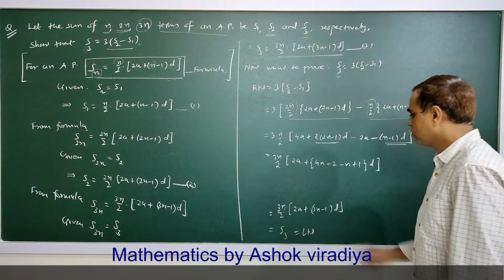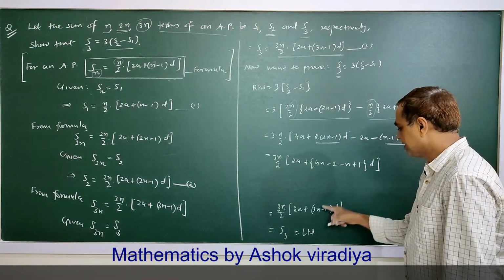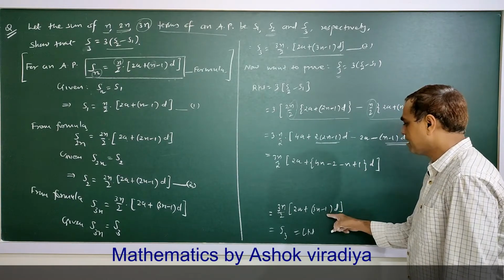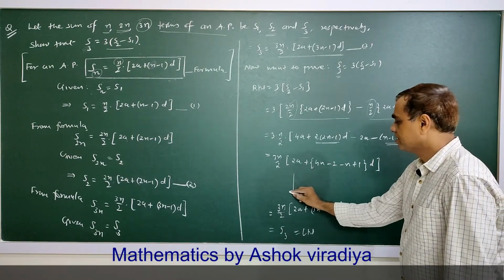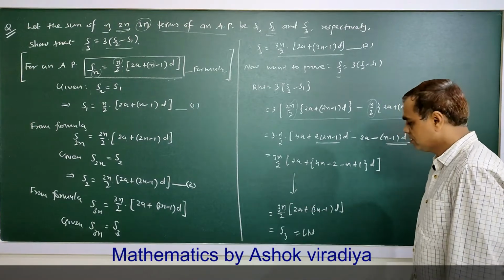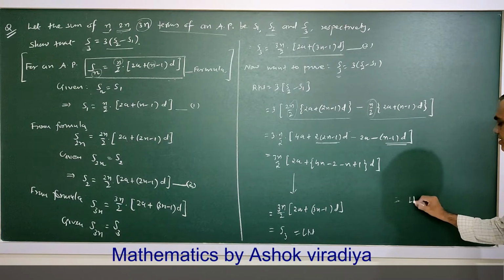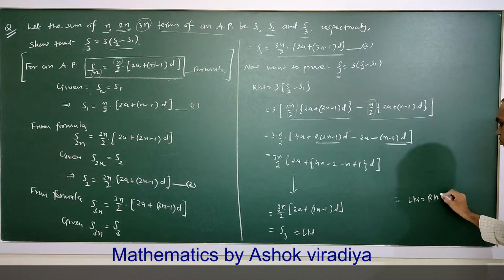So this is now 4n minus n is 3n, and minus 2 plus 1 is minus 1. So result is derived. So therefore LHS is equal to RHS.